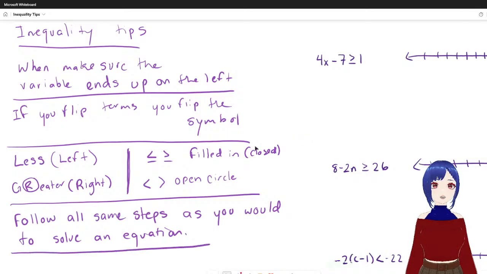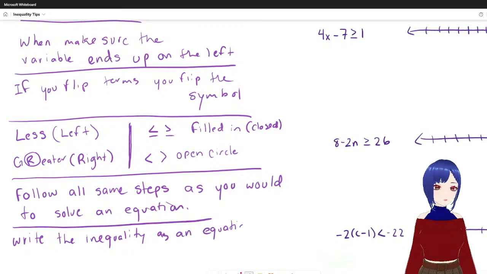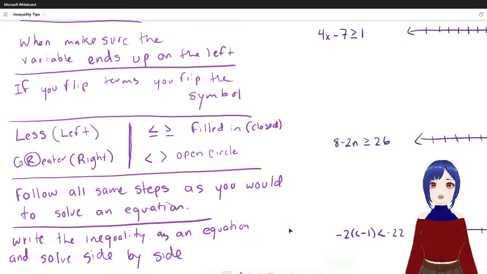So that's going to be a tip. I'm going to write that down too. Write the inequality as an equation. And solve side by side. Okay, so those are my main basic tips that I'm gonna follow.